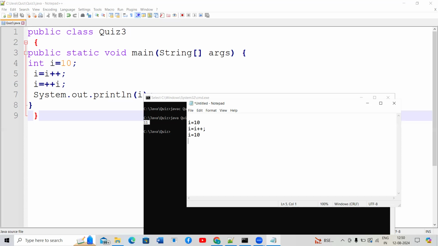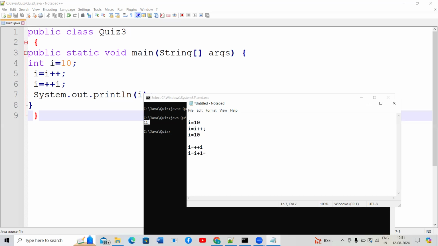Now the second step is I = ++I. Now what is my value of I? What I have calculated: 10. So ++ means, this is pre-increment. Addition happens first. So I = I + 1. What is the value of I?